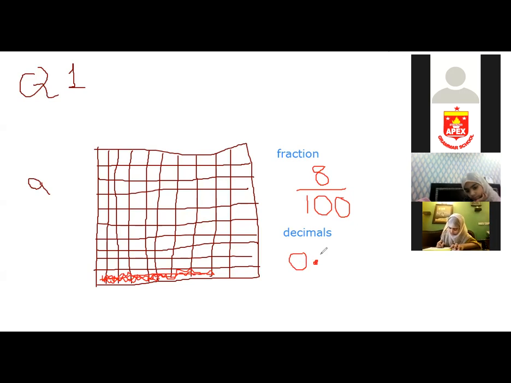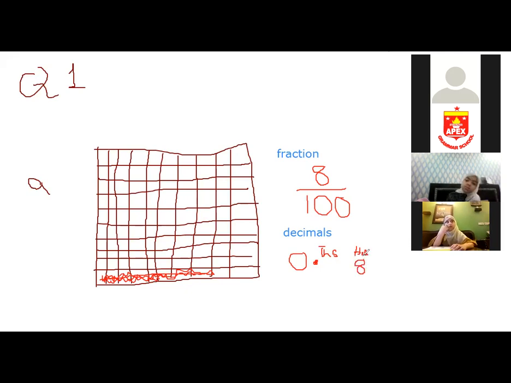The first place is tenths, and then the next one after that is hundredths. So I have in a denominator hundreds, so this 8 will be written under hundredths.